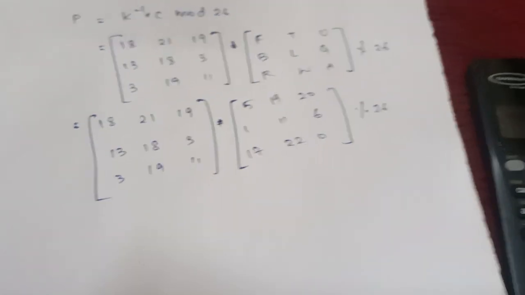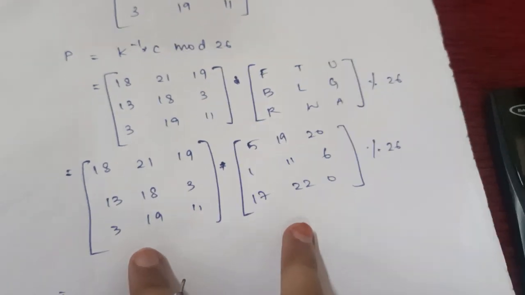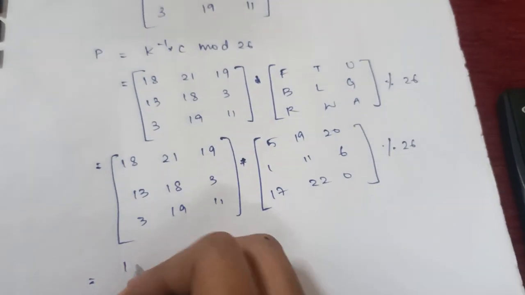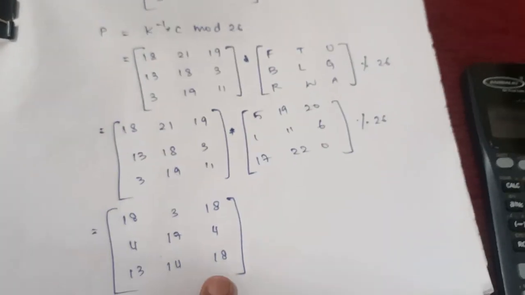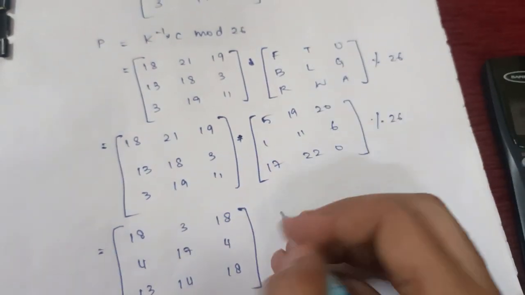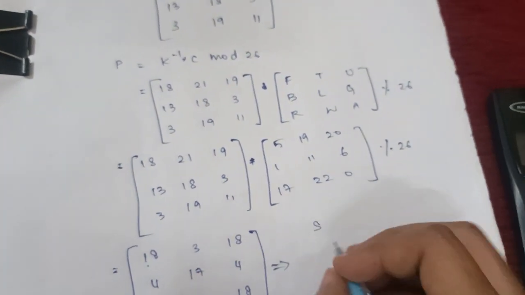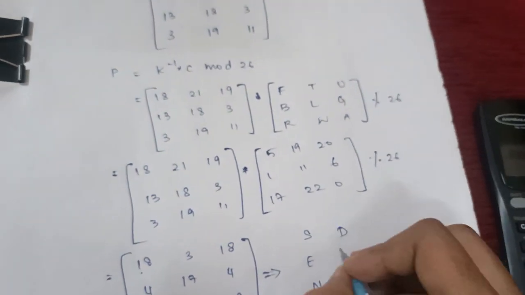After multiplying both the matrices and reducing with mod 26, we get 18. So this is the final matrix which corresponds to the original plain text. So 18 corresponds to S, 4 corresponds to E, 13 corresponds to N.